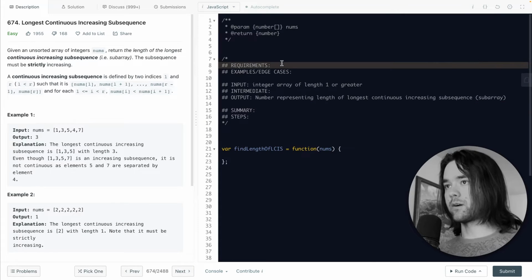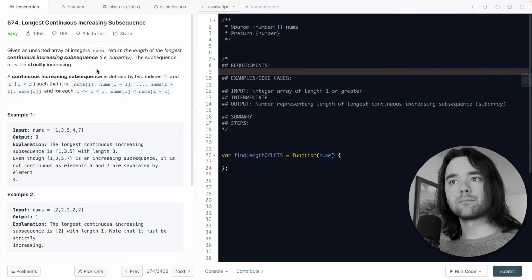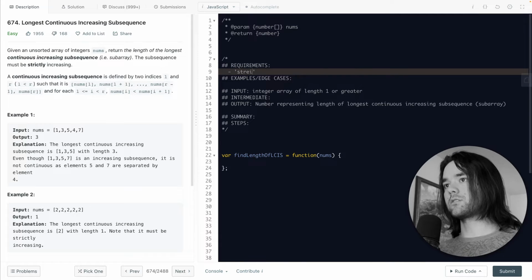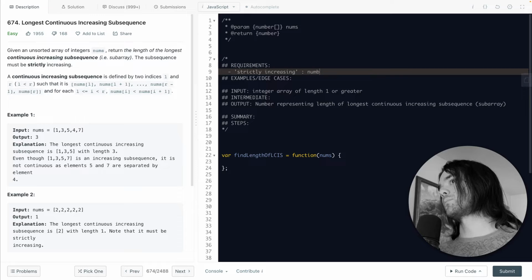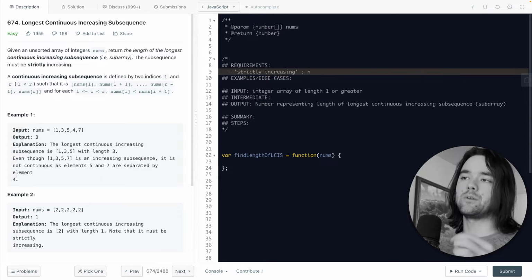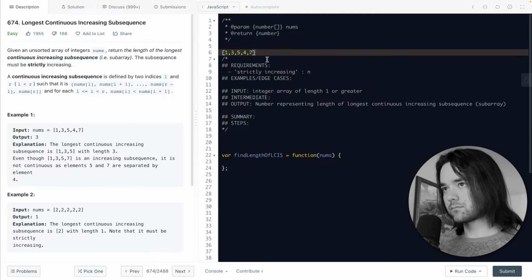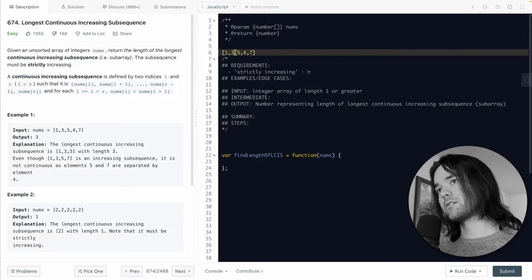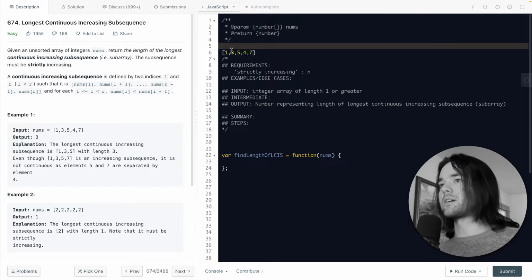Let's identify some of the requirements that they explicitly express in the problem description. Strictly increasing means essentially, if we think about a list of numbers like this one here, the number at index 0 and the number at index 1, you can think of them as left and right.